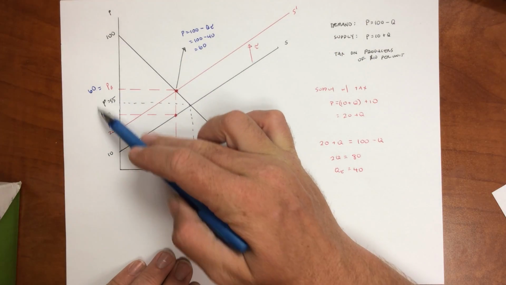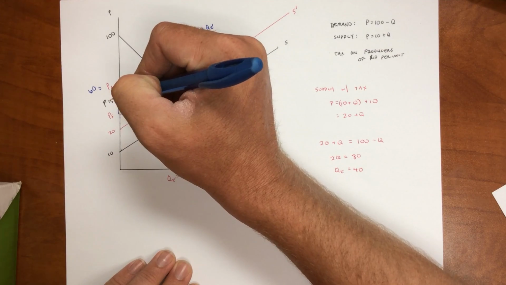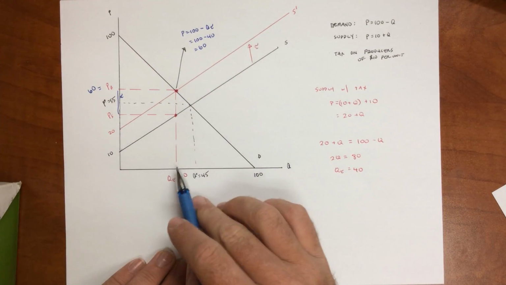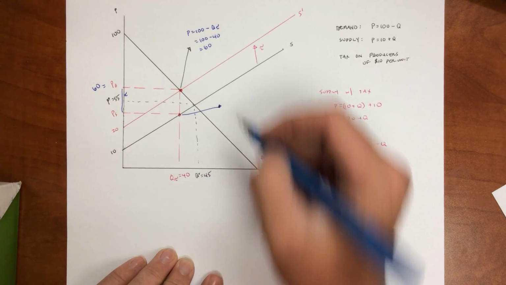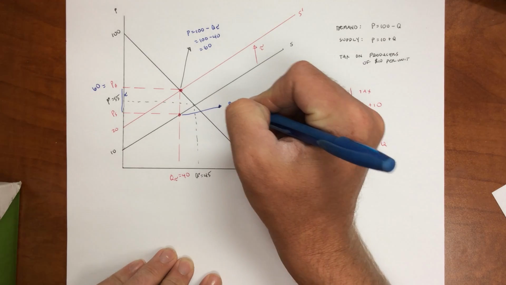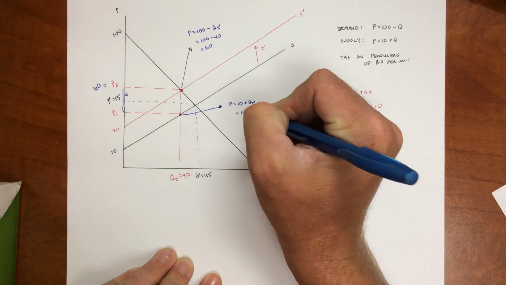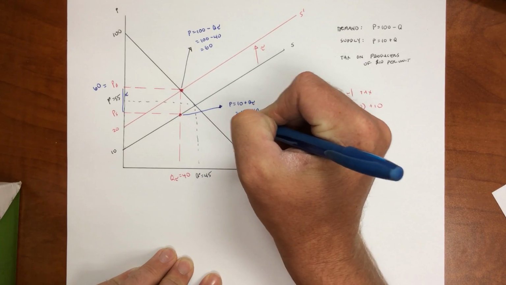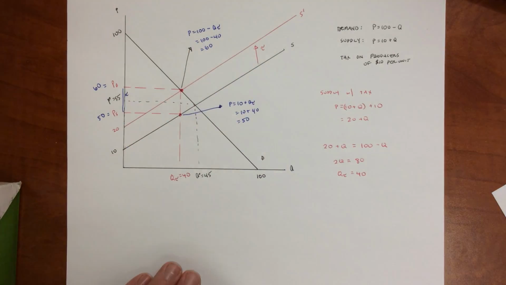So I could just take 60 and subtract off 10, because this distance here is the tax. Or I can just put 40 into the original supply equation. So the price is equal to 10 plus Q, which is 10 plus 40, which is 50. So the price that the seller receives is 50.